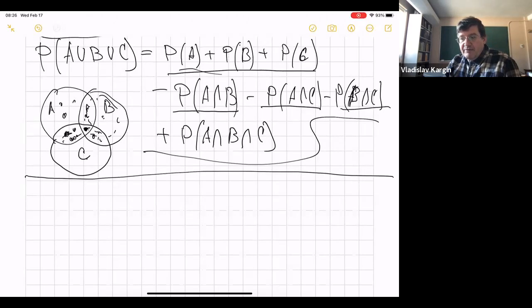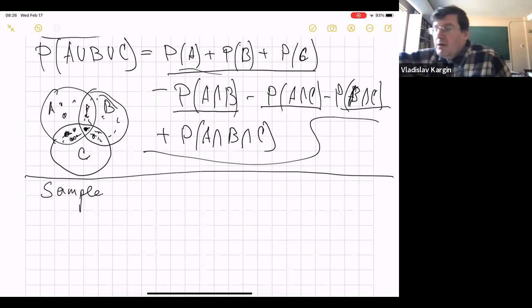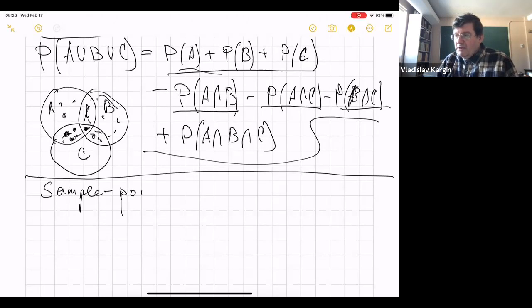In this case, something which is called the sample point method is very useful. I think that's what it's called in the textbook. Sample point method.